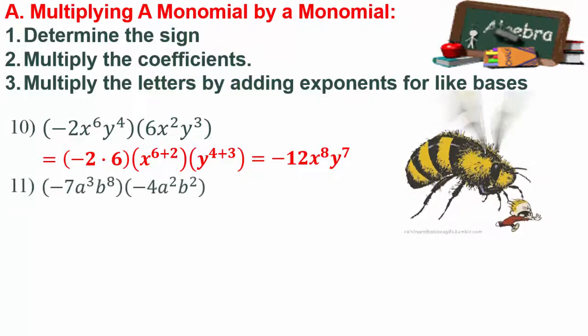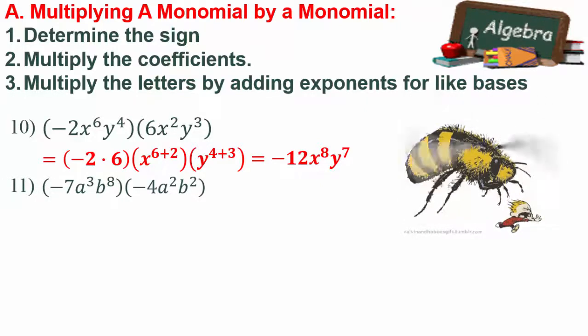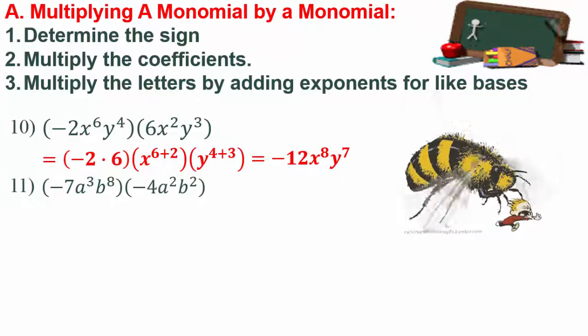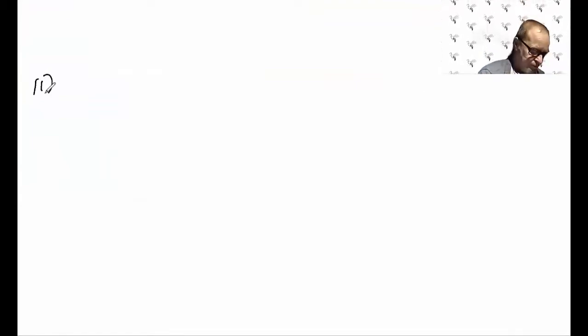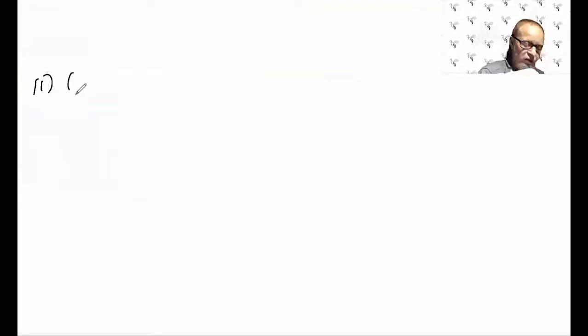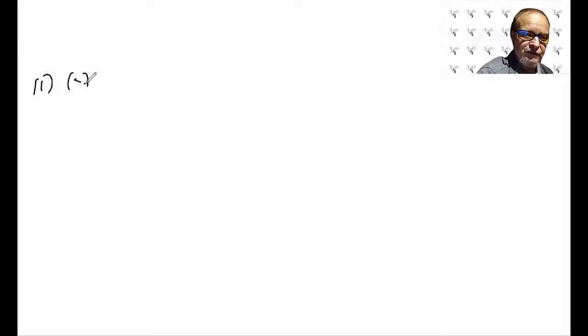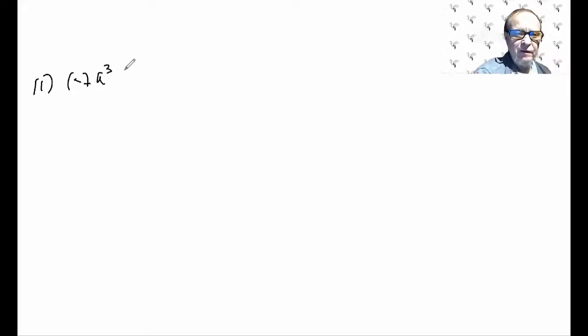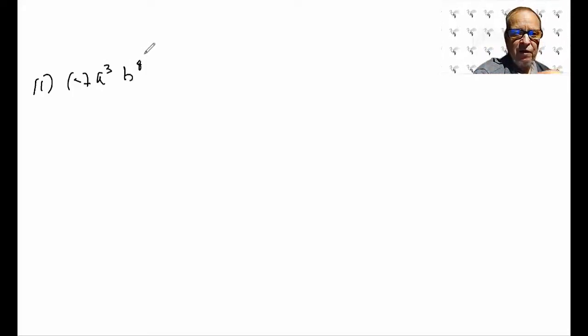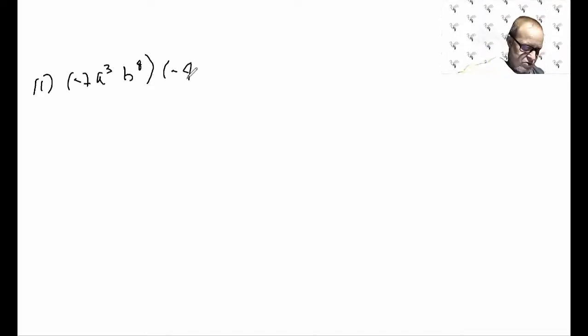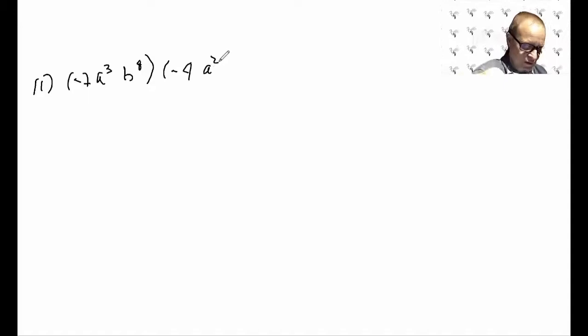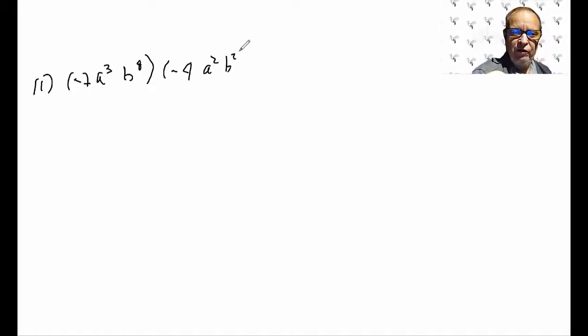In example number 11, let's work this also out on the whiteboard in more detail. I have the two monomials, negative 7 a cubed b to the 8th, and then negative 4 a squared b squared.